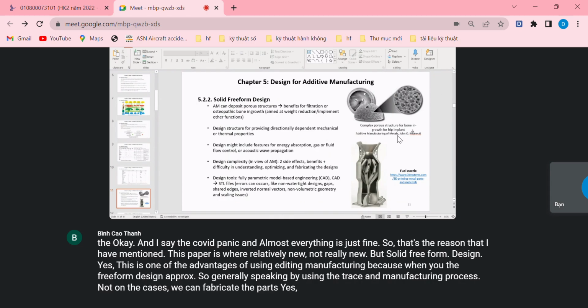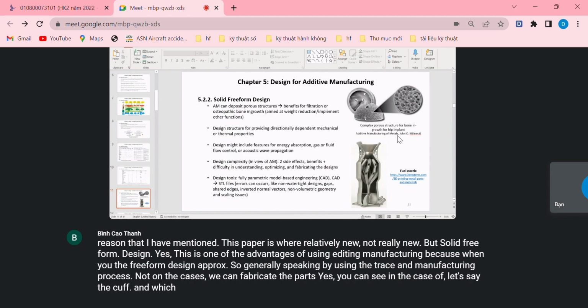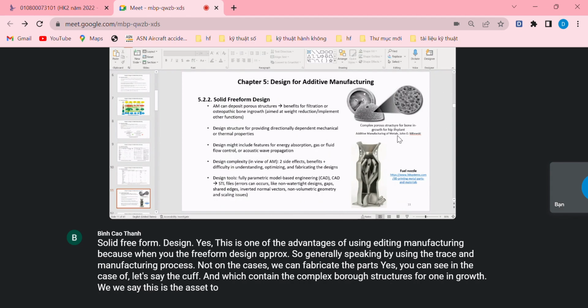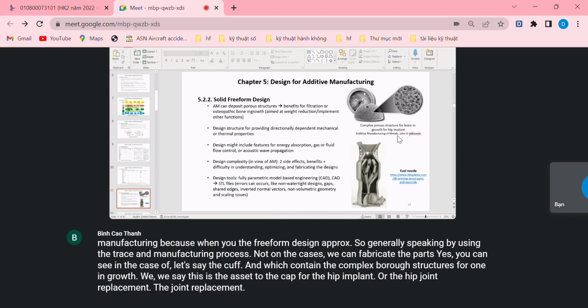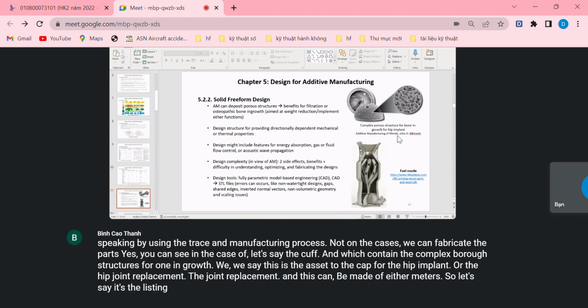You can see, for example, the cup which contains complex porous structures for bone ingrowth. This is the acetabular cup for the hip implant, or hip joint replacement, and it can be made of metals, let's say stainless steel, or maybe polyethylene.